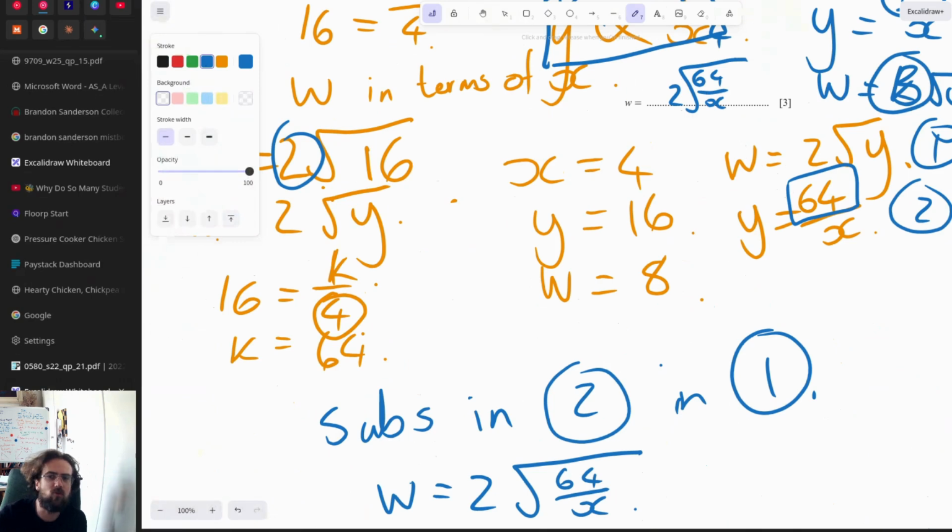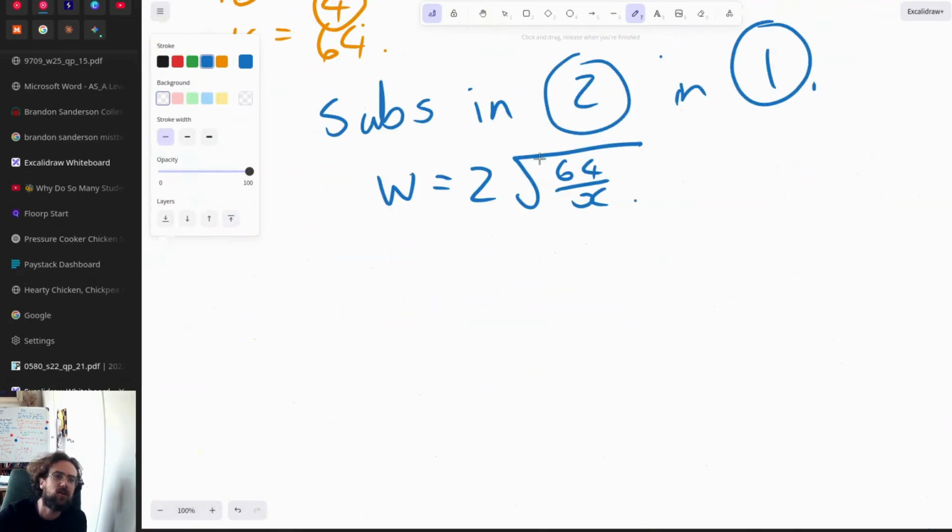If I do more than that, it's going to get a little bit complicated. This is stuff that you're not actually going to do because it's going to overcomplicate. You know how I love to overcomplicate things. So 2 times square root of 64. Square root of 64 is 8.